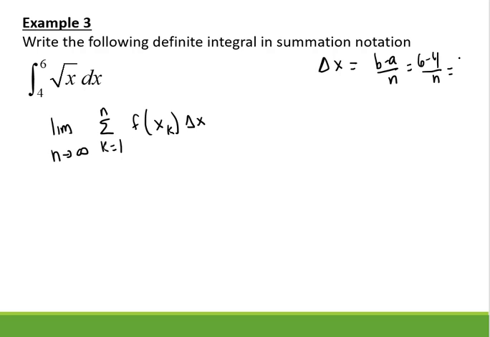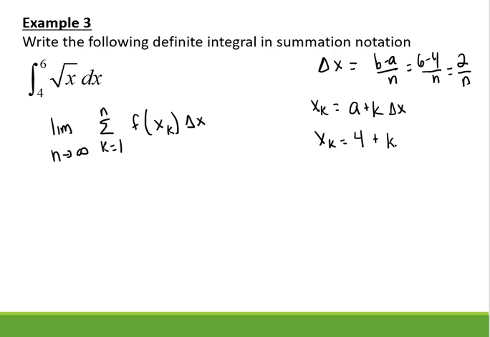Remember, x sub k is a plus k delta x. So x sub k in this place, a we're starting at 4, plus k times 2 over n.